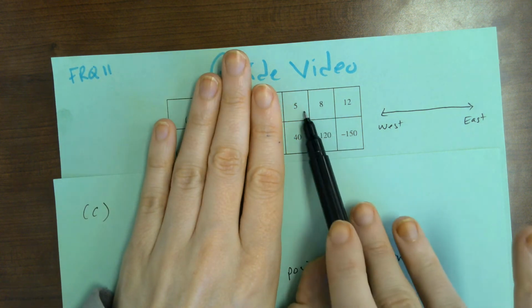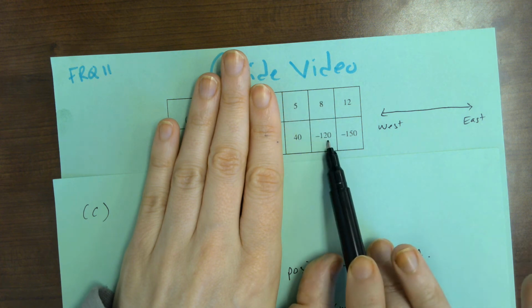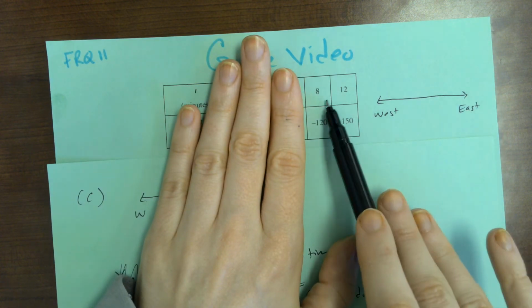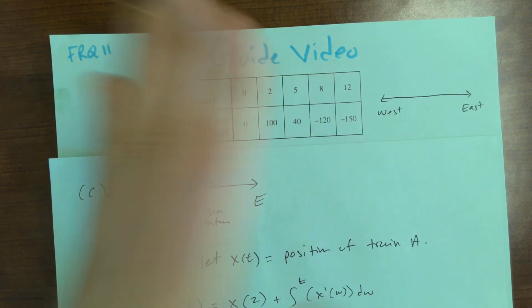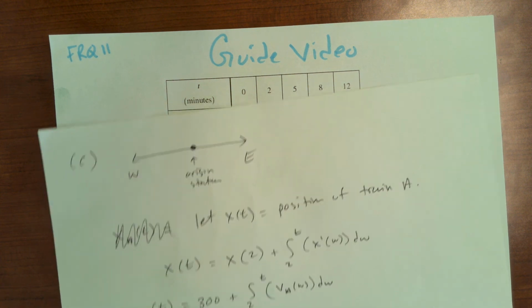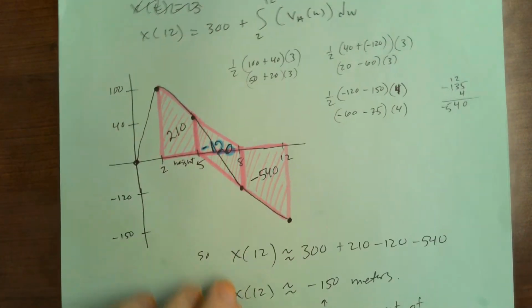For the second trapezoid, this difference is the height, this is base 1, this is base 2. And for the last trapezoid, this difference is the height, this is base 1, this is base 2. So that's how I did it without the picture, and the picture just kind of threw me off because of the parallelogram in the middle.